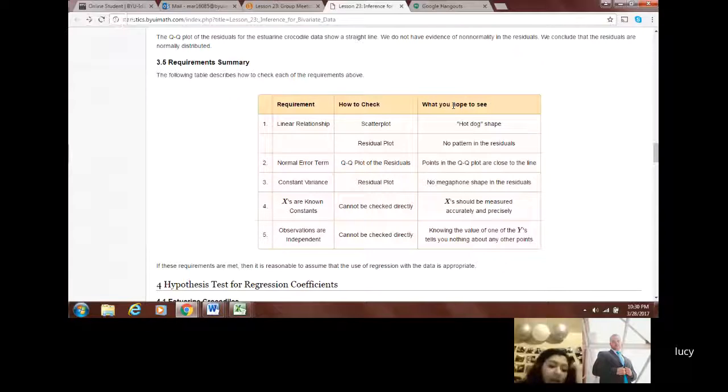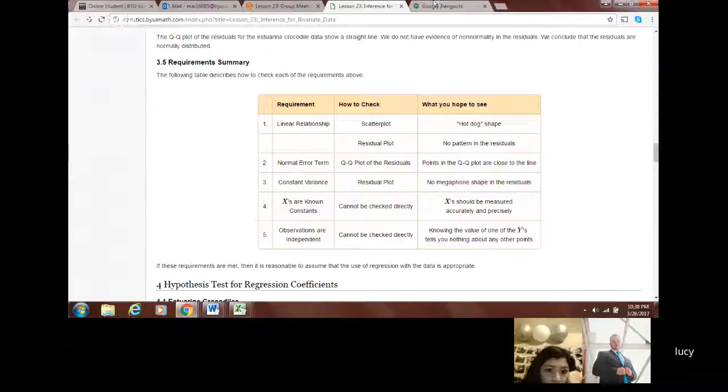If the scatter plot has a hot dog shape, then it's normal. If the residual plot has no pattern, then it's normal. And it says normal error term. We check with a QQ plot of the residuals, and if they're close to the line, then it's normal. And then constant variance: a residual plot, no megaphone shape.